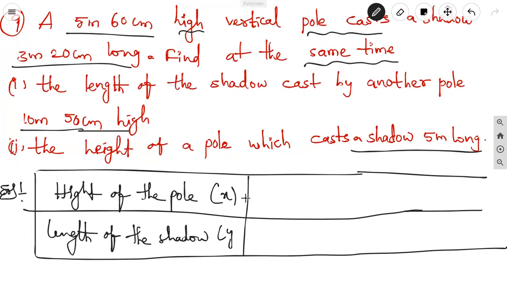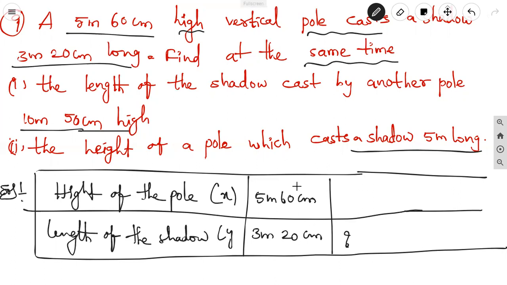Why? Because we measure at the same time only. Here the 5 meter 60 centimeter high vertical pole casts a shadow. Shadow length is 3 meter 20 centimeter long. Okay, find at the same time the length of the shadow. It is equal to how much?